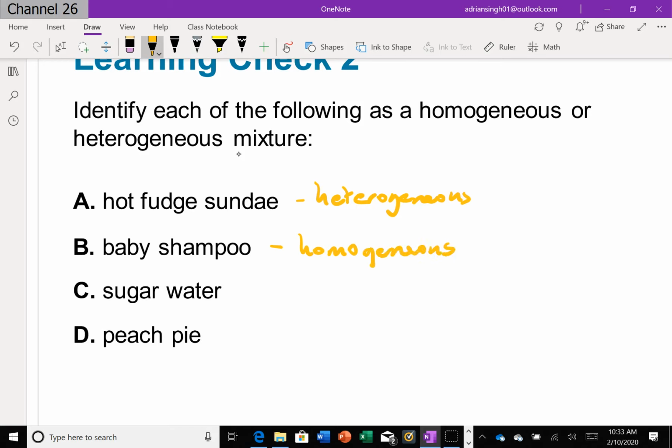And if you don't know, when you go home, take some shampoo out and see how it looks. It looks the same throughout. Sugar water, similar to salt water, right? Would be homogeneous. And then a peach pie, or an apple pie, or a cherry pie. Right, the peaches or the apples or the cherries are not evenly distributed throughout the different slices, so this would be heterogeneous.